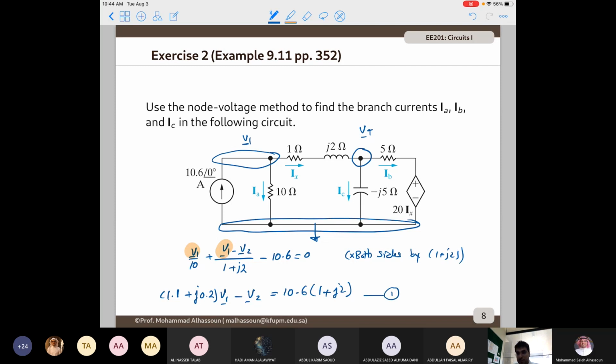The second equation, Ibrahim. It will be V2 minus 20 IX over 5. Okay, V2 minus 20 IX over 5. This is V2.